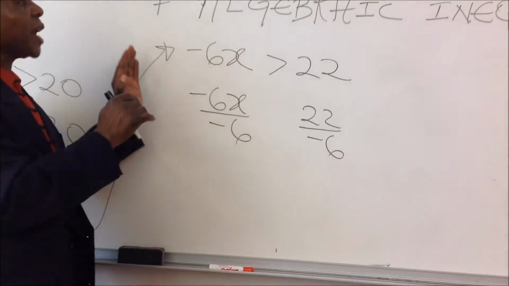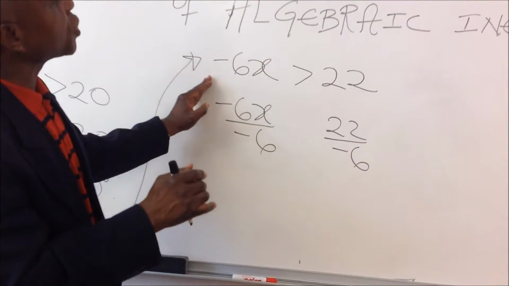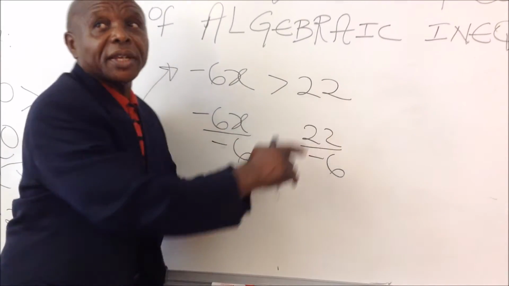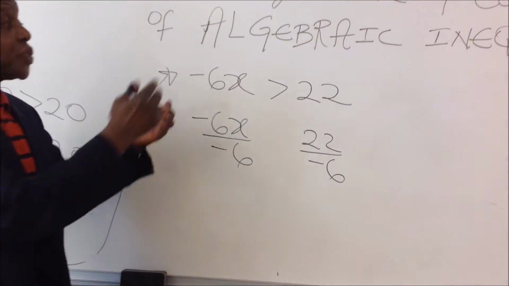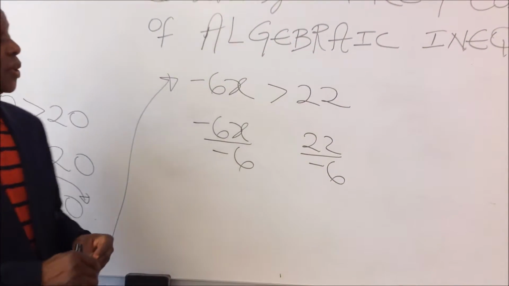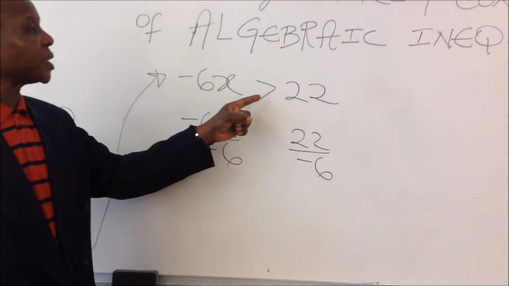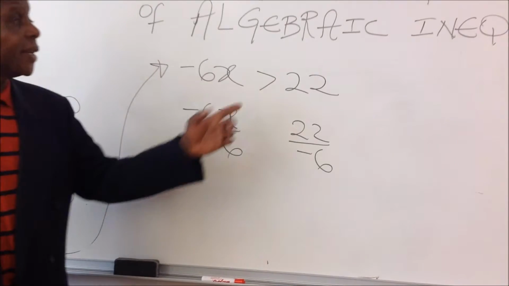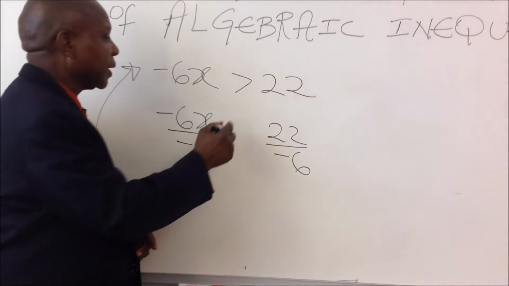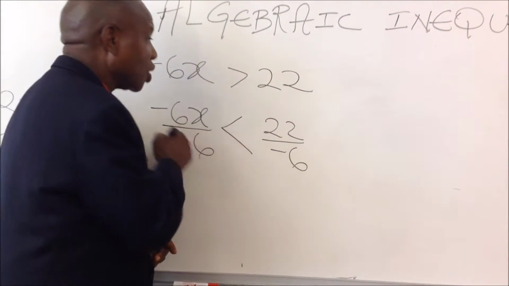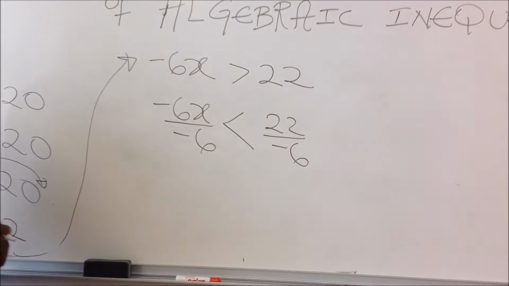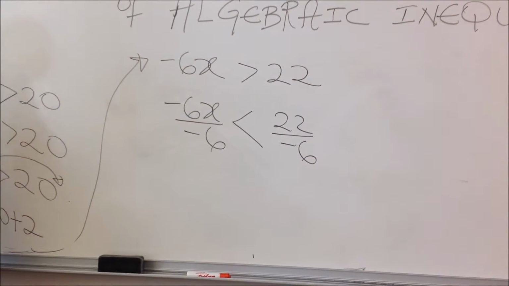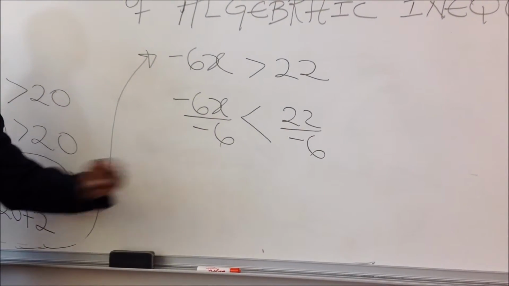By dividing the left side of the inequality by negative 6, we must do the same thing to the right side. However, something has changed drastically. What has changed? The inequality symbol is reversed. So instead of the greater than symbol, we now have the less than symbol, because we have divided both sides of the inequality by a negative quantity, namely negative 6.